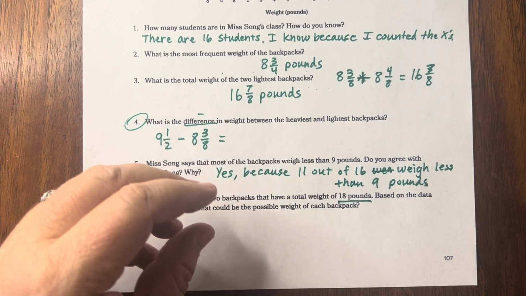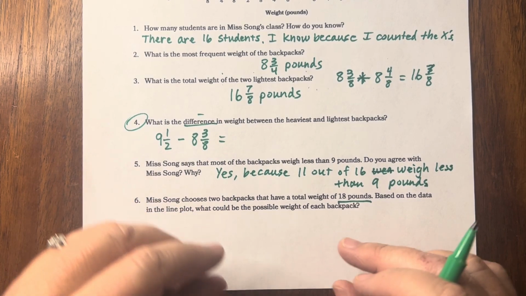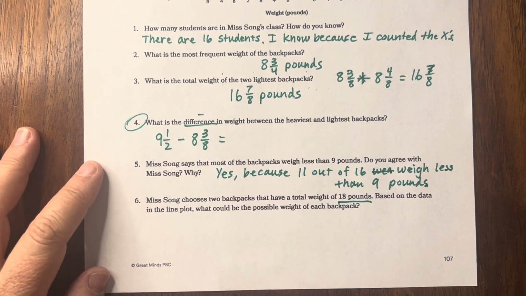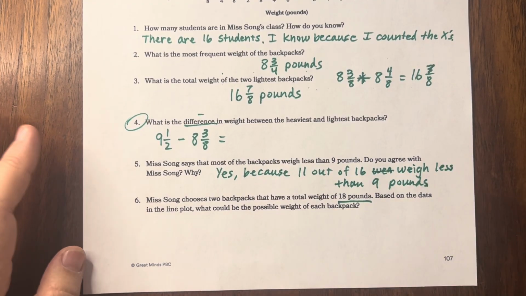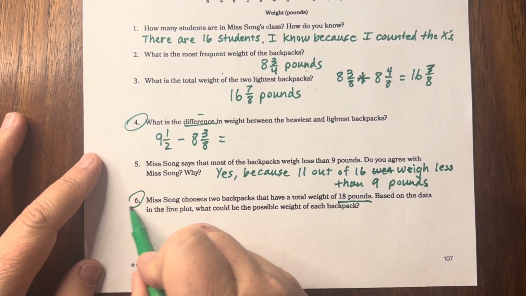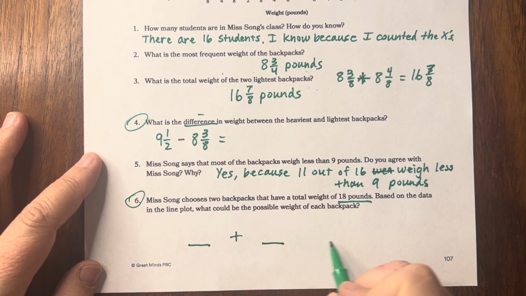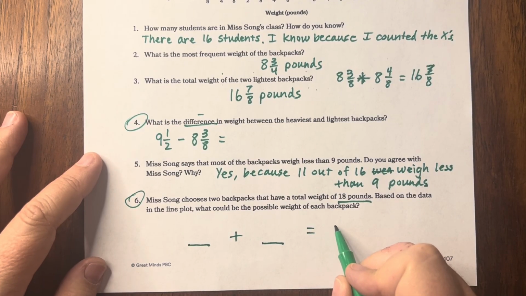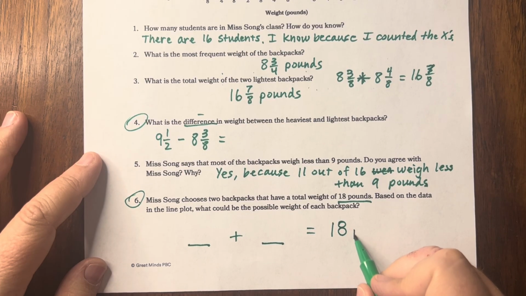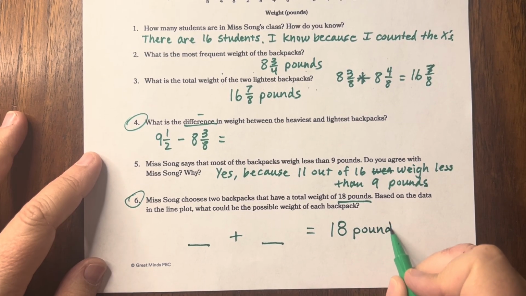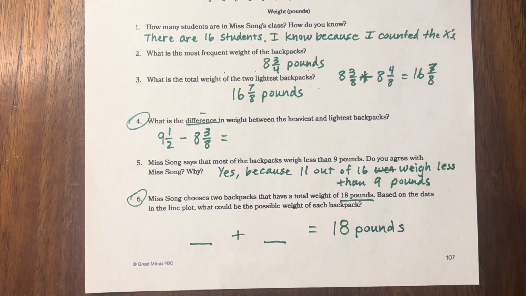So it could be 8 and an amount plus 9 and an amount equal 18. So see if you can figure out which 2 backpacks. There might be more than one right answer for this one. So this is a challenge. So what backpack plus this backpack could equal exactly 18 pounds? So we're looking for 2 weights that could equal 18 pounds. All right, finish off these 2 problems. Good luck.